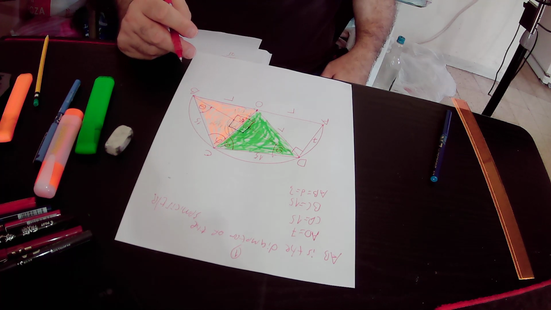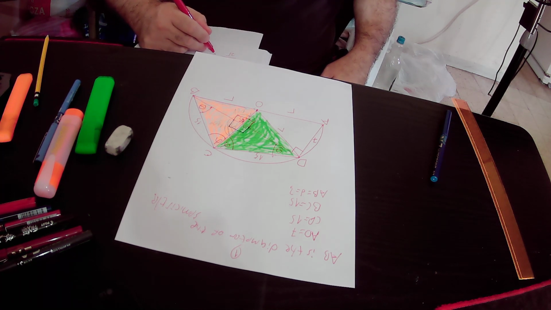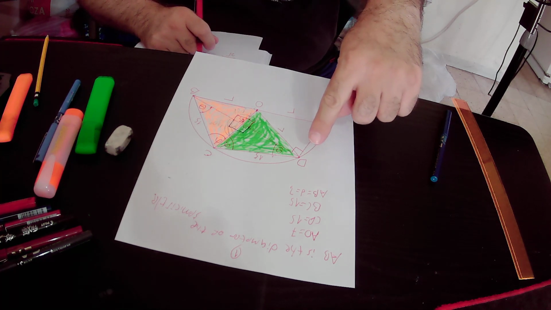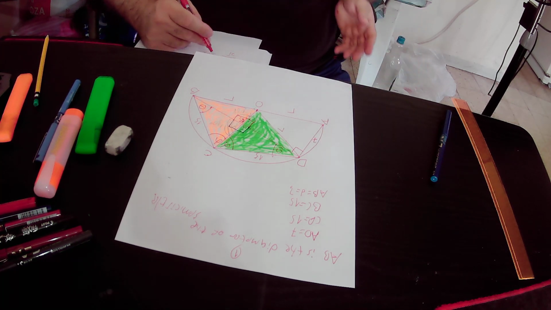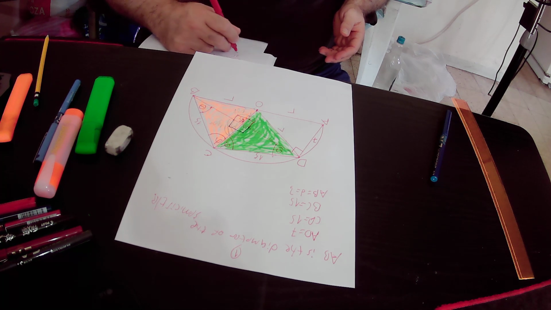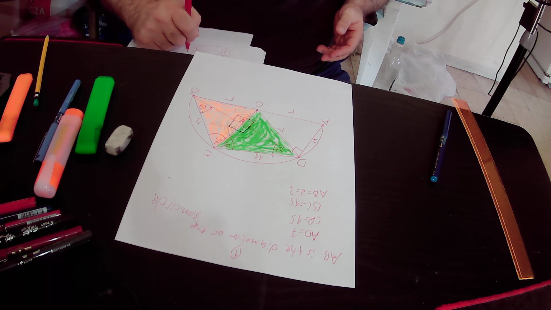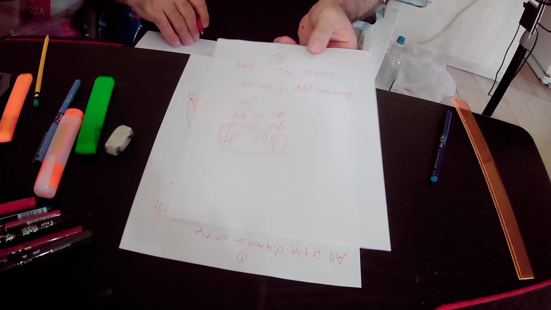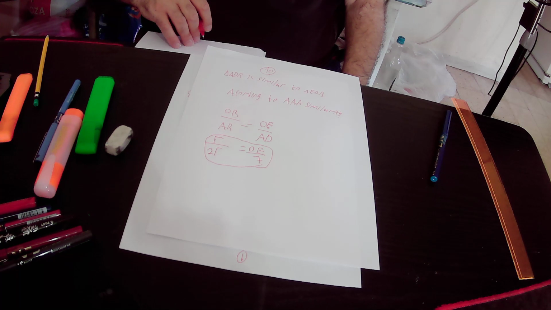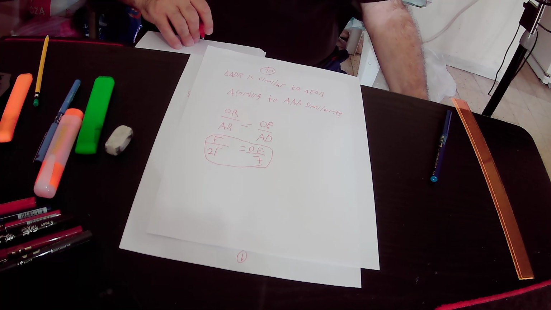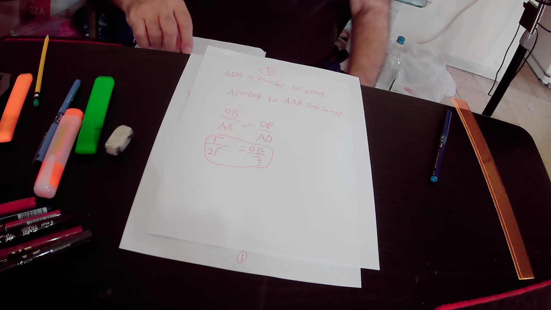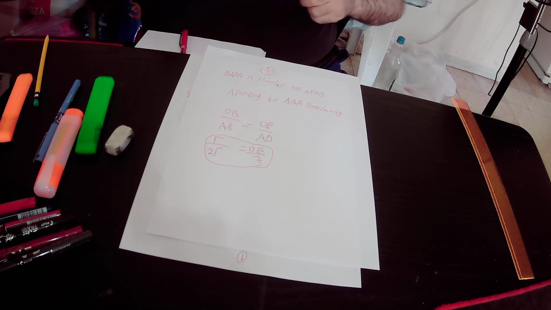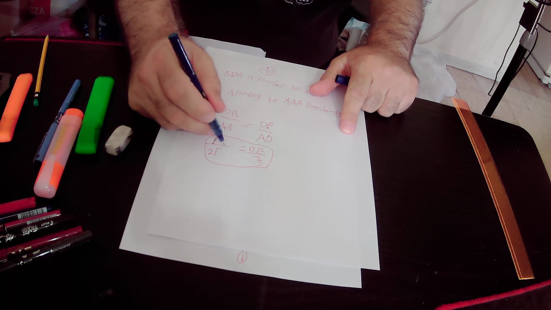So AB equals 2R, and then we have OE over AD. What is the value of AD? AD equals 7 units. It is given in the question. So in total we get R over 2R equals OE over 7. R over 2R is 1 over 2, so R is cancelled.